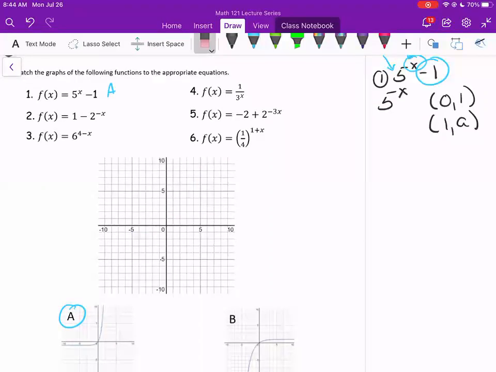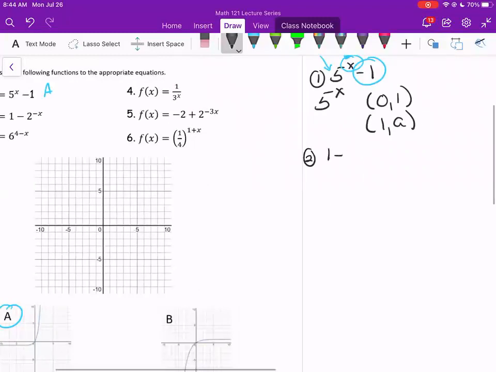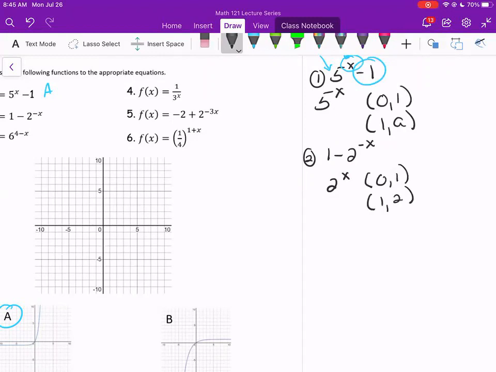If we look at our number 2 here, we have 1 - 2^(-x). Our most basic function is 2^x. So our points that we begin with are (0, 1) and (1, 2). Plotting those points, we see that our most basic graph looks like this.